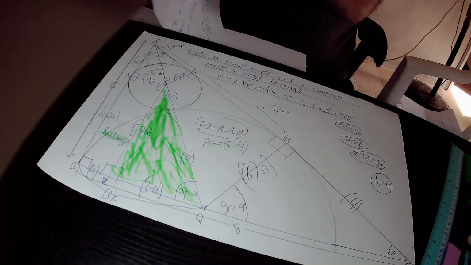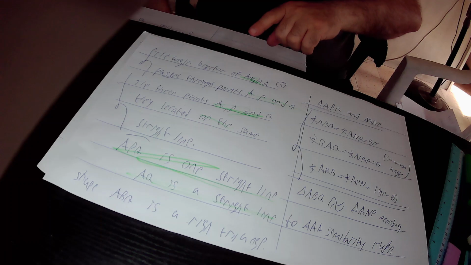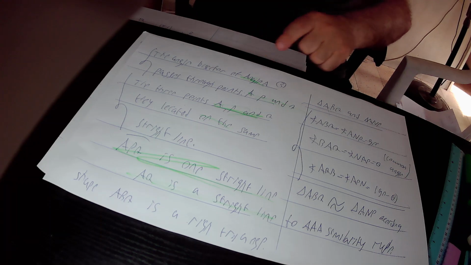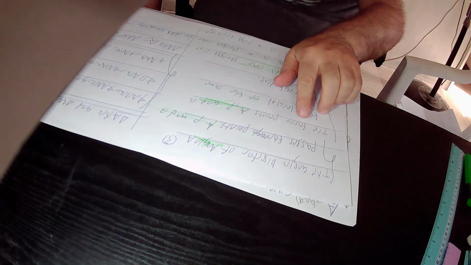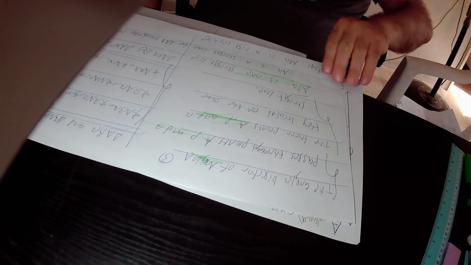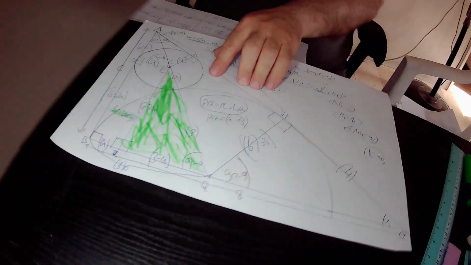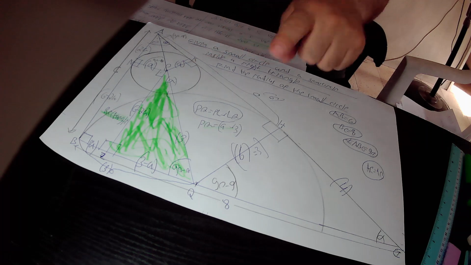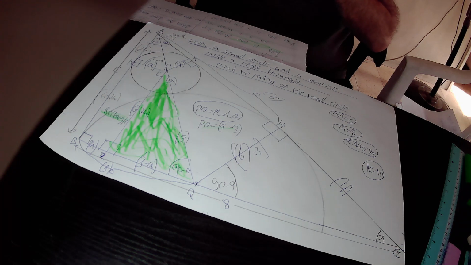The angle bisector of angle A passes through points A, P, and Q. But the angle bisector of angle A is, of course, a straight line.